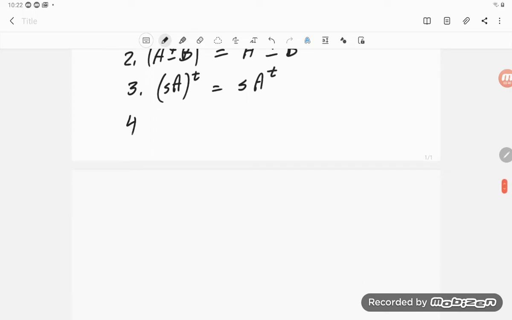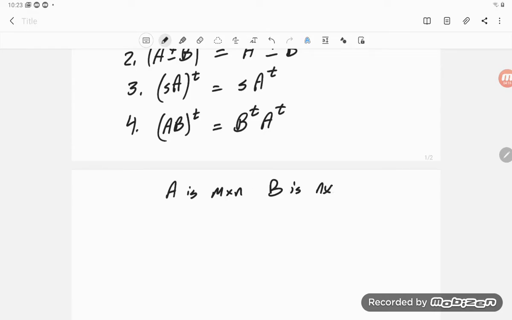Now you get into the multiplication, and it's a lot like the inverse idea. So if A times B is defined and I want the transpose of that, that's B transpose A transpose. I have to reverse A and B to get that. As they point out in the text, A is m by n, B is n by p.